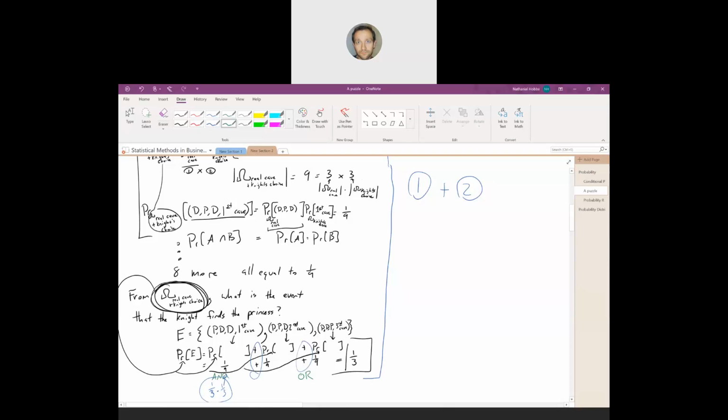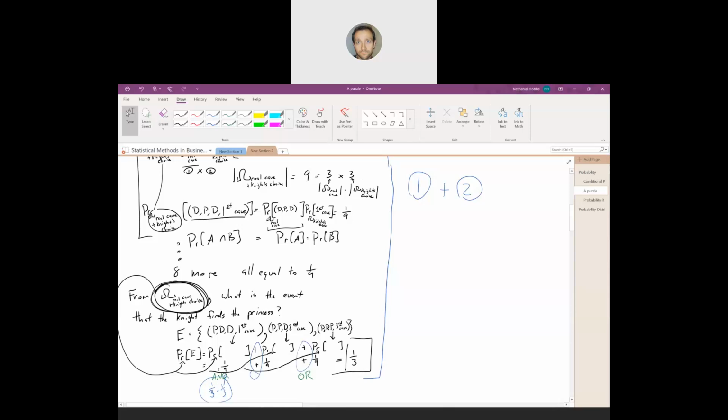So this 1/9 comes from the fact that the princess is in the first cave, and the prince goes into the first cave. So the princess could be in the first cave with probability 1/3, and the prince with probability 1/3 could find her in that cave.